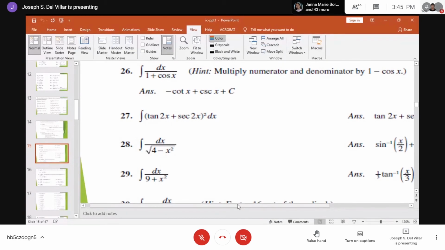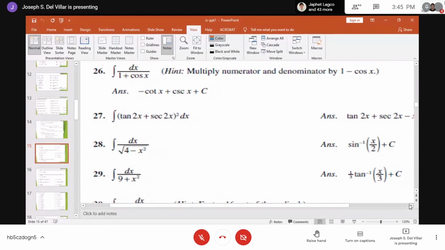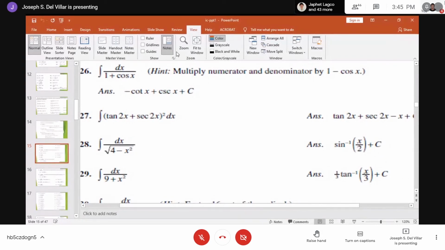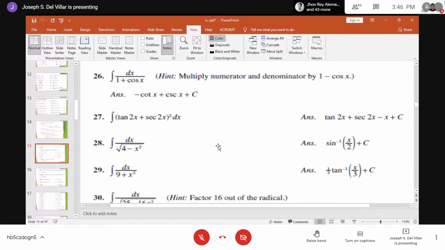What about this one? Number 27. This is tangent 2x plus secant 2x, quantity squared, dx.